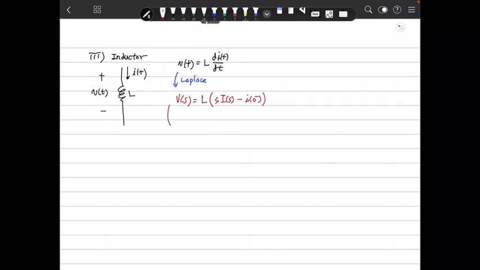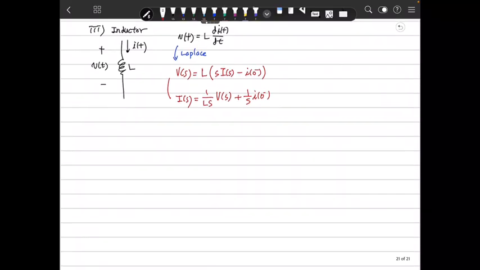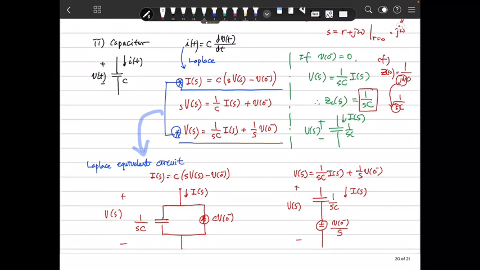So in the same way, we can derive the other form. Is can be represented as 1 over Ls times Vs plus 1 over S times the initial current value.